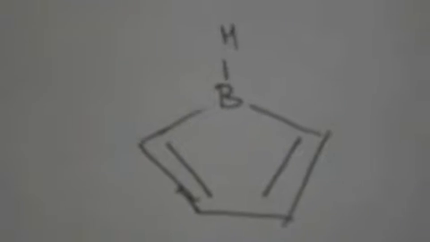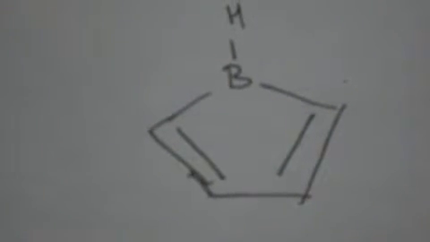Another case, as we see here, is the ring that has boron in it. We take a quick look and see that this is a ring, obviously, and that it is planar. But we also think about the number of p orbitals that are included.